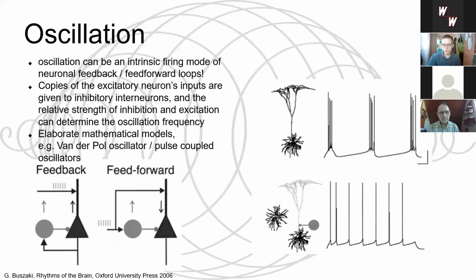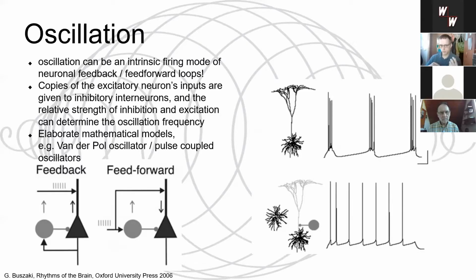First, I'm going to show how the oscillation of a single cell can come about. So even a single cell does not need an oscillatory input in order to oscillate. There is a certain design of how neurons can be connected to each other that allows them to generate oscillations by themselves. And the key to understanding is that there are excitatory and inhibitory neurons in the brain.